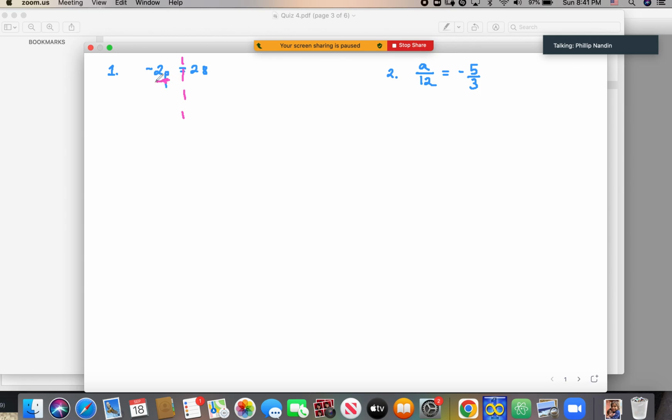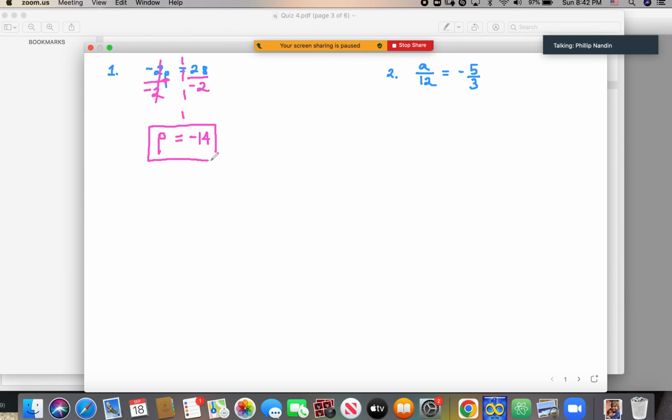And the way we undo the multiplication is dividing by -2. Whatever you do to one side, you have to do to the other side. I'm dividing by -2 because -2 divided by -2 is +1. Then +1 times P is just P equals 28 divided by -2, which is -14. And I've done the first one.